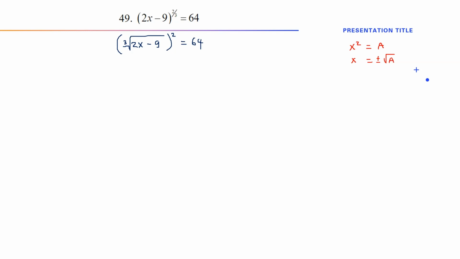So we solve the same way. The cube root of 2x minus 9 equals plus or minus the square root of 64, so the cube root of 2x minus 9 equals plus or minus 8.